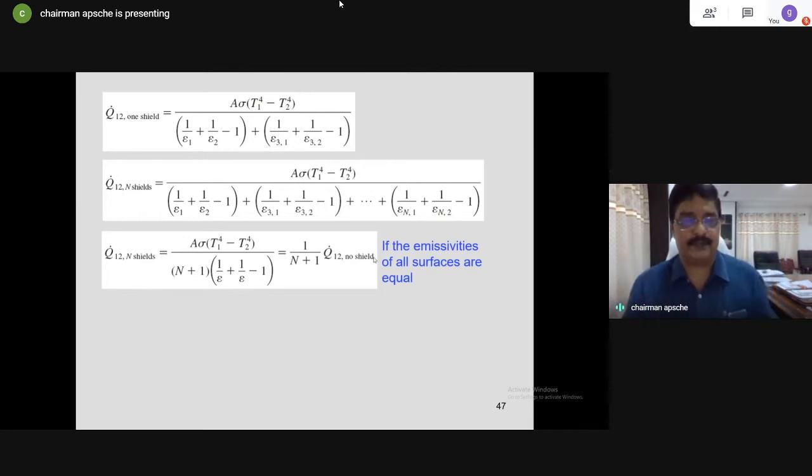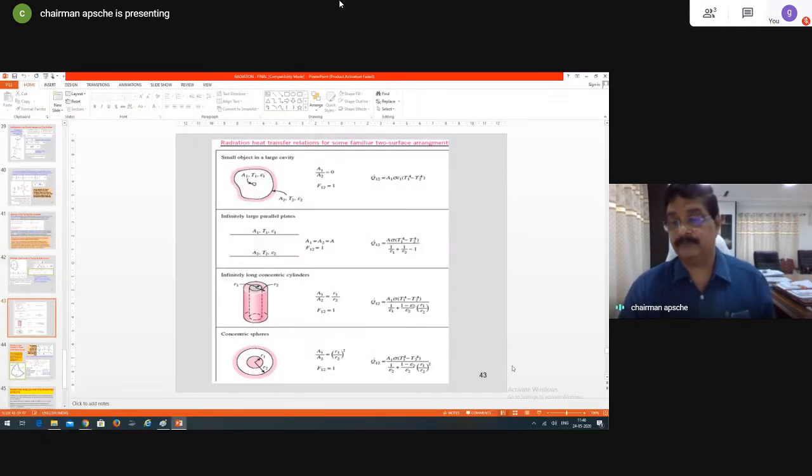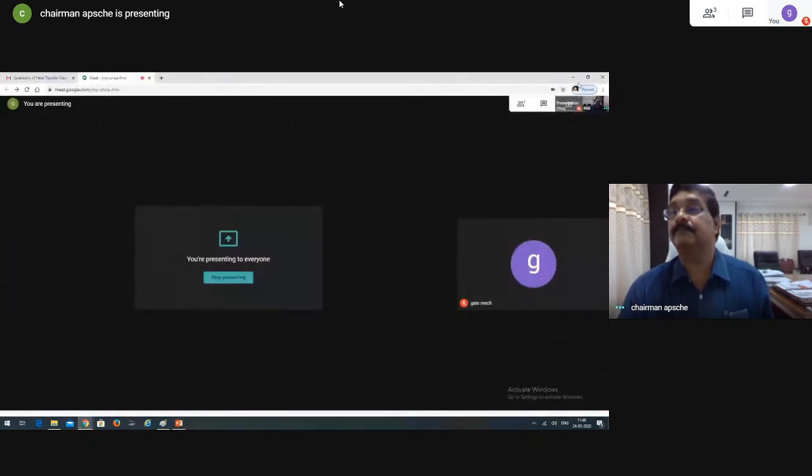If two shields are used between the two surfaces, the heat transfer that was happening earlier without shields is reduced to 1/3. Okay, so here I have completed the entire radiation heat exchange.